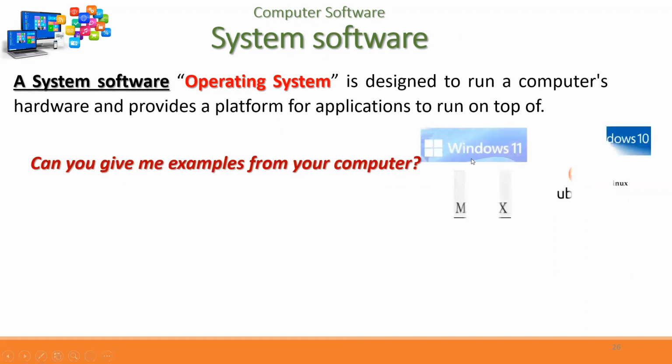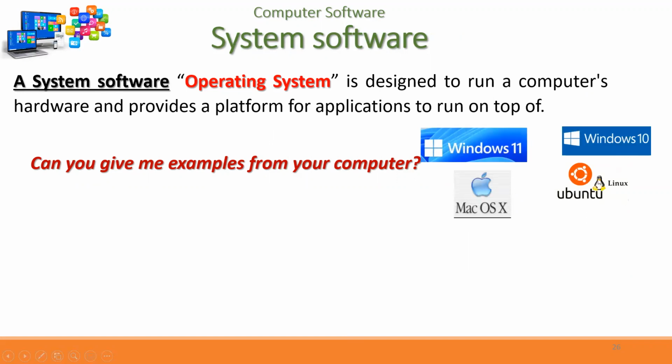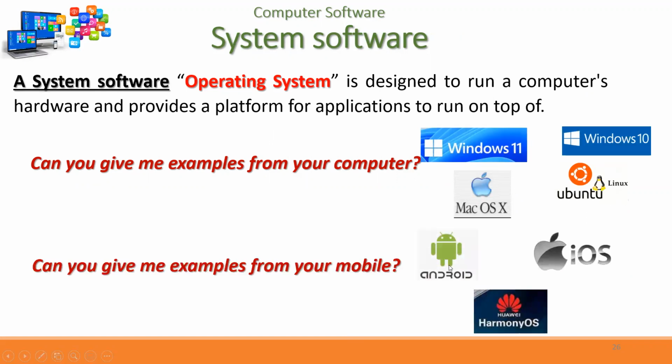The most common ones are Windows 11, Windows 10, macOS, Ubuntu. In mobile, you have Android, you have iOS, you have Harmony. So Android, iOS, these are operating systems. These are the basics of the software that help the computer to work or help the mobile to run.